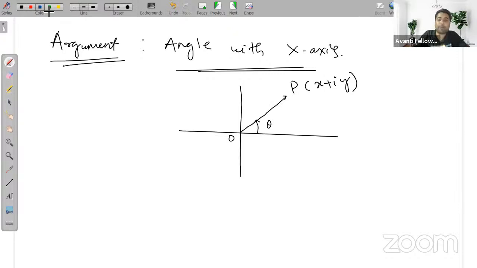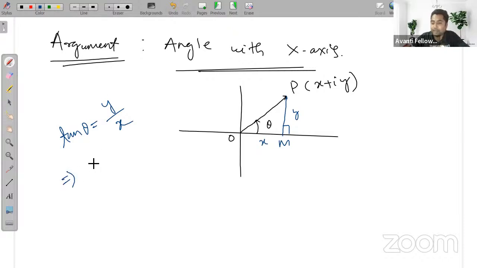Now just drop a perpendicular here. If you drop a perpendicular here, we are getting a right angle triangle. Suppose this point is M. Then if I ask you to find tan theta, this length is y, this length is x. So tan theta becomes y upon x.